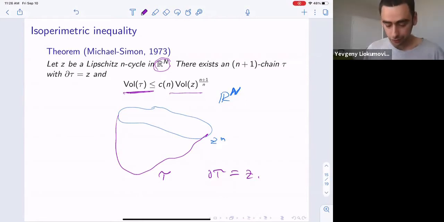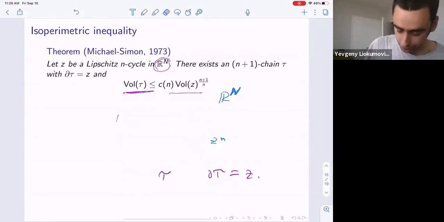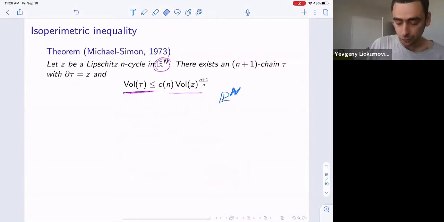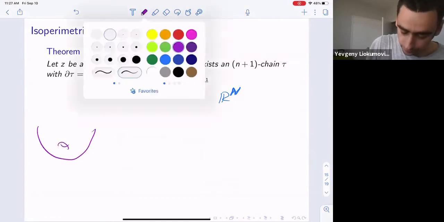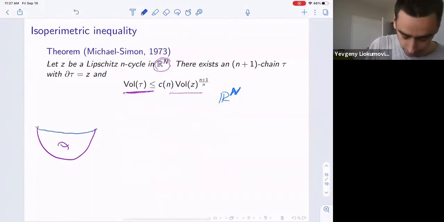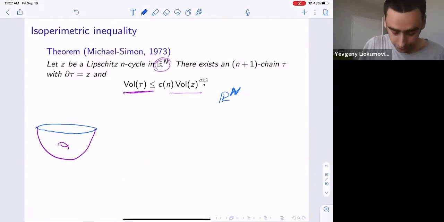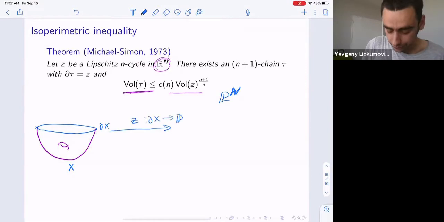but you can also specify the topology of it. So you can change the formulation of the isoperimetric inequality as follows. Say you're given some chain or simplicial complex X, and this is the boundary of X. And then you have a map Z from the boundary of X into R^n.